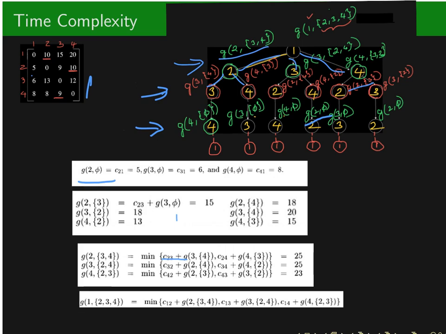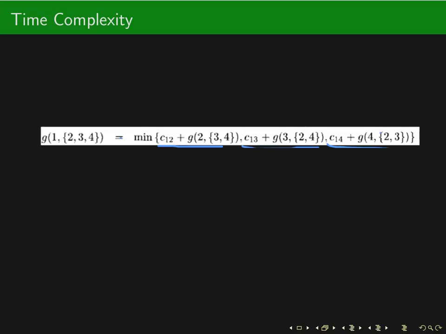So you can see that we are calculating the minimum of three different paths represented by C12 plus this quantity, C13 plus this quantity, C14 plus this quantity. We have already seen the definition for min cost from level 1, which is defined like this. The function shown here indicates the minimum path length from starting city 1.